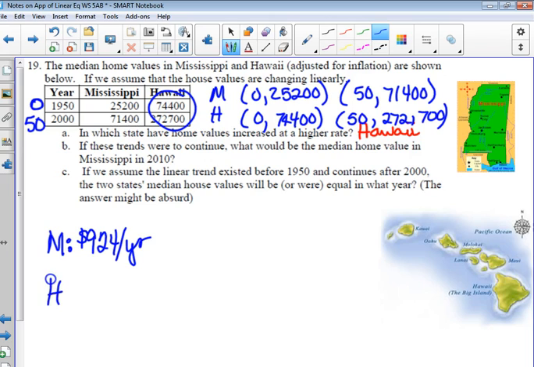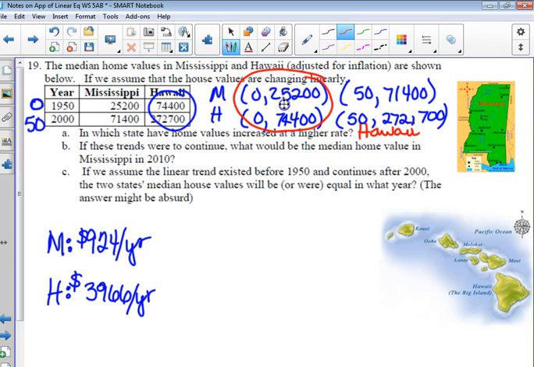Okay, and Hawaii, anybody get the slope yet? 924. Anybody else get that number? 3966. We're good? Everybody know how they did those? Change in Y over change in X? Okay. Seems like we're running out of time, but we're really not because year 0 is this.